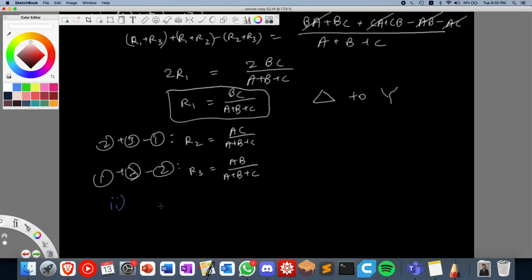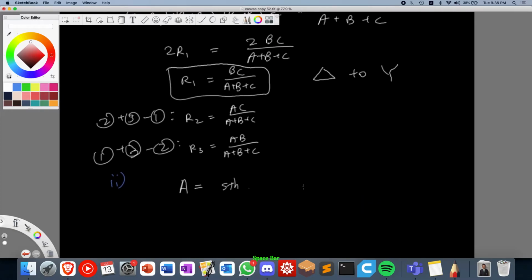So we have BC, AC, and AB. Let's say we want to isolate one of them, so let's say we want to isolate A equals to something. But we only have these three relations.